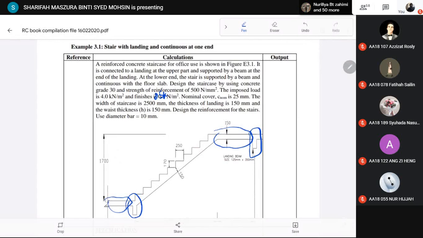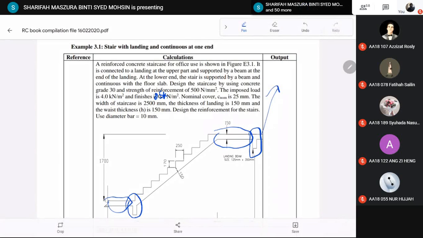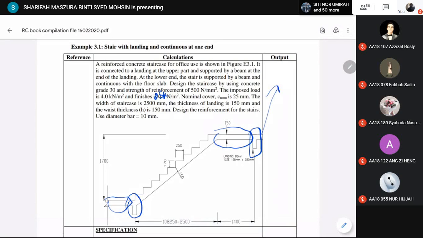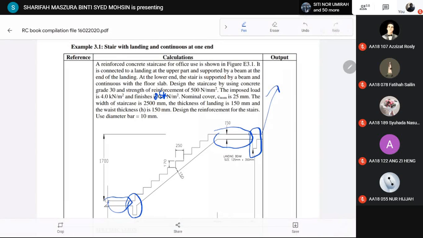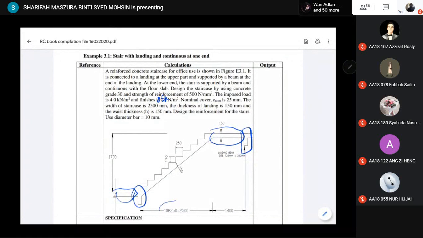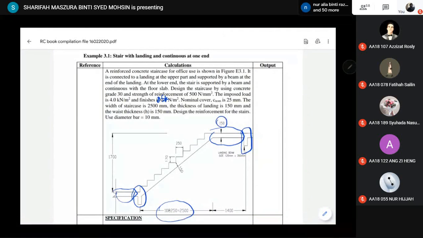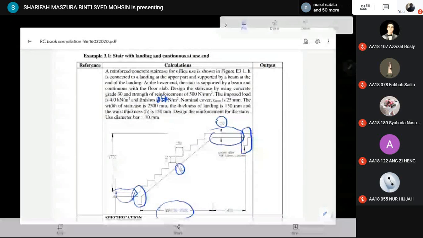The width of the staircase is 2,500 mm. This width here, 1,500 mm. The thickness of the landing is 150 mm and the thickness of the waist is also 150 mm.